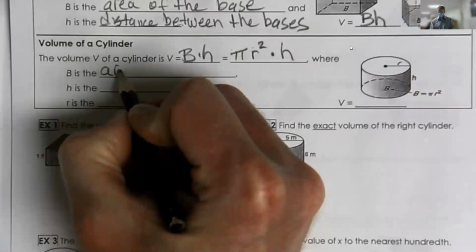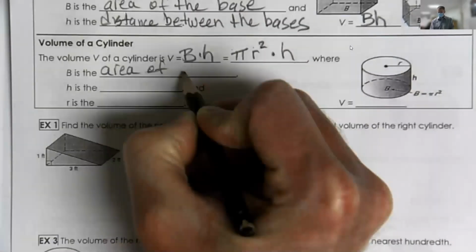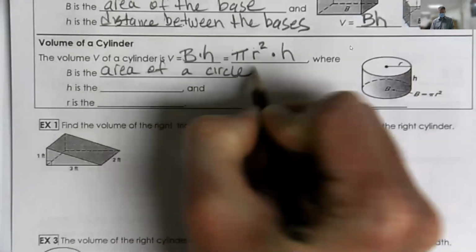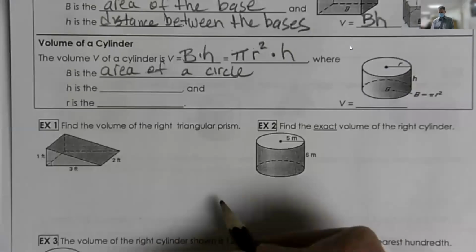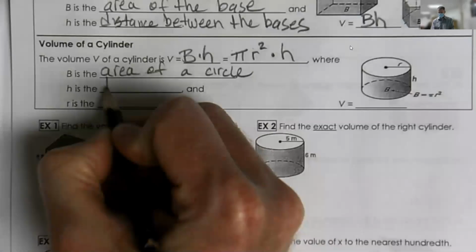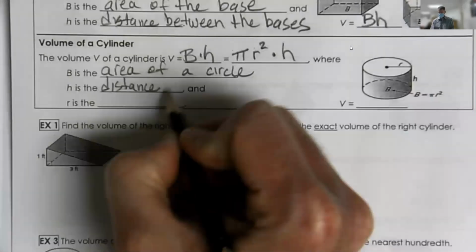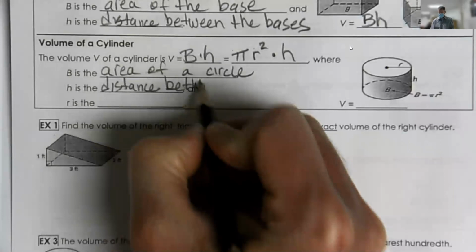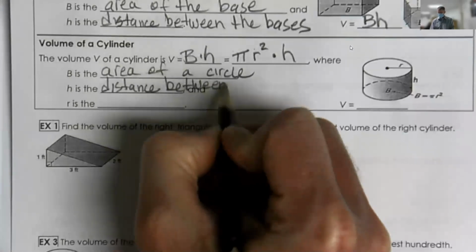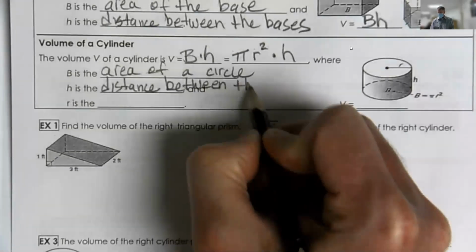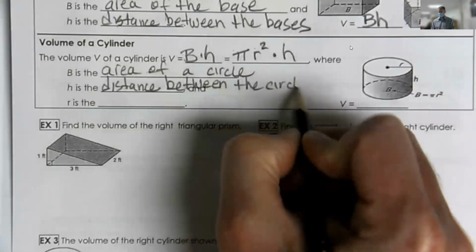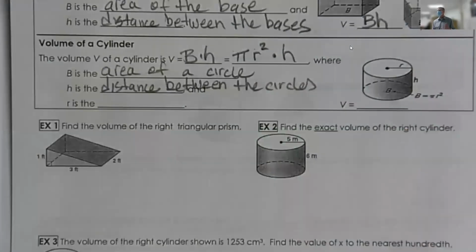So we have the area of a circle. We have the distance between the circles. You can call that height, but if it's on its side, it gets a little confusing. So it's the distance between the circles.